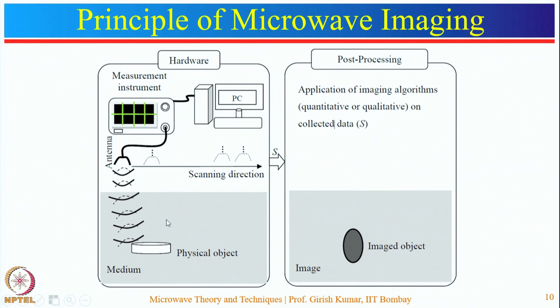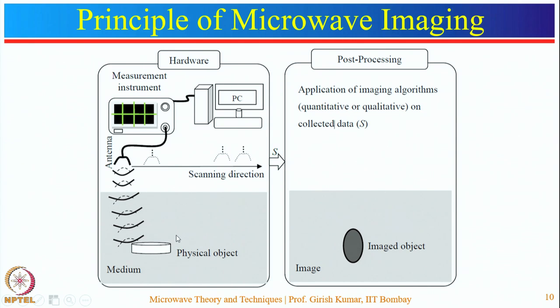Now the cross range resolution of these antennas can be improved by using an array of antennas, but these arrays should be separated by less than one wavelength. But in this case there could be coupling, which may reduce the accuracy of the measurement.